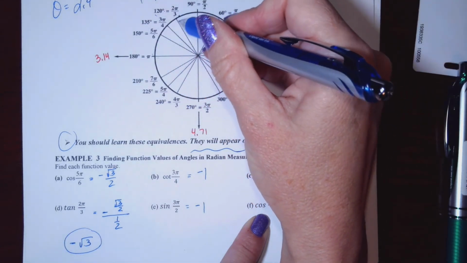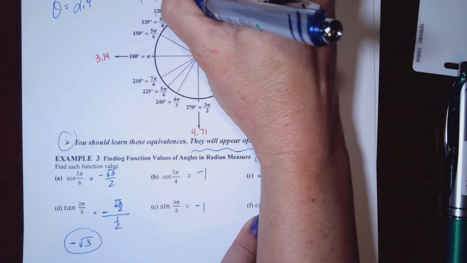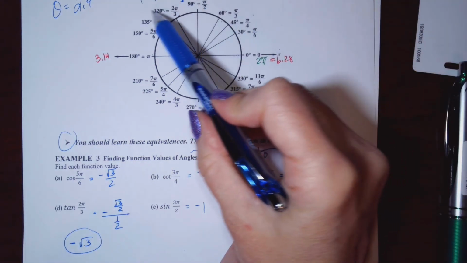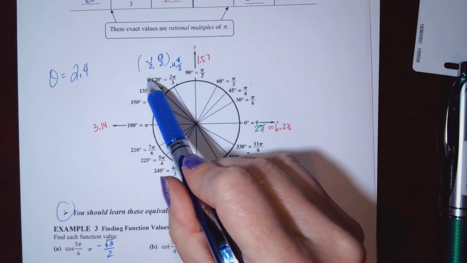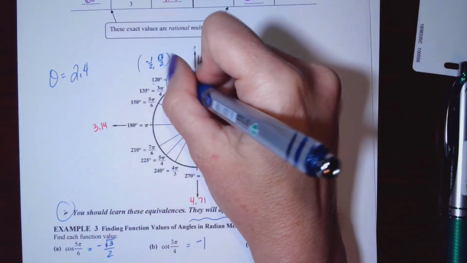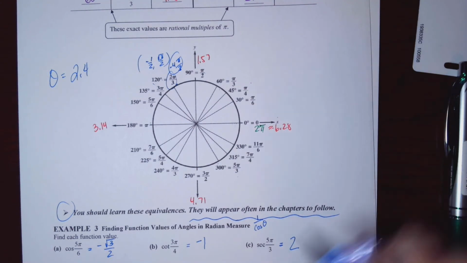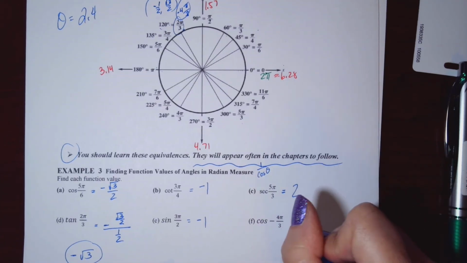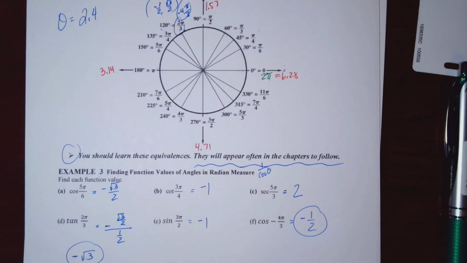It's going to put us right here. So 2 pi thirds is coterminal with a negative 4 pi thirds. So I have these same cosine and sine function values because these angles are coterminal. So cosine of negative 4 pi thirds is going to be a negative 1/2. It's the same as the cosine of a positive 2 pi thirds.